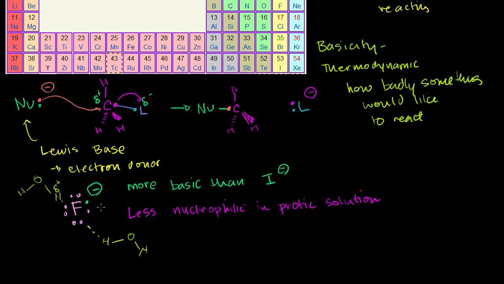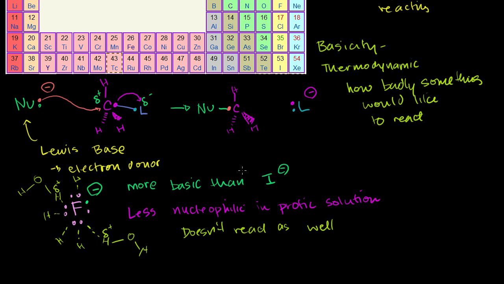These all have partial positive charges, so they are attracted to the negative anion. They form a very tight shell, kind of protecting the fluoride anion, which makes it harder for it to react in a protic solution. So it doesn't react as well. If it was able to react, it actually would form a stronger bond than the iodide anion. So that's the big difference.